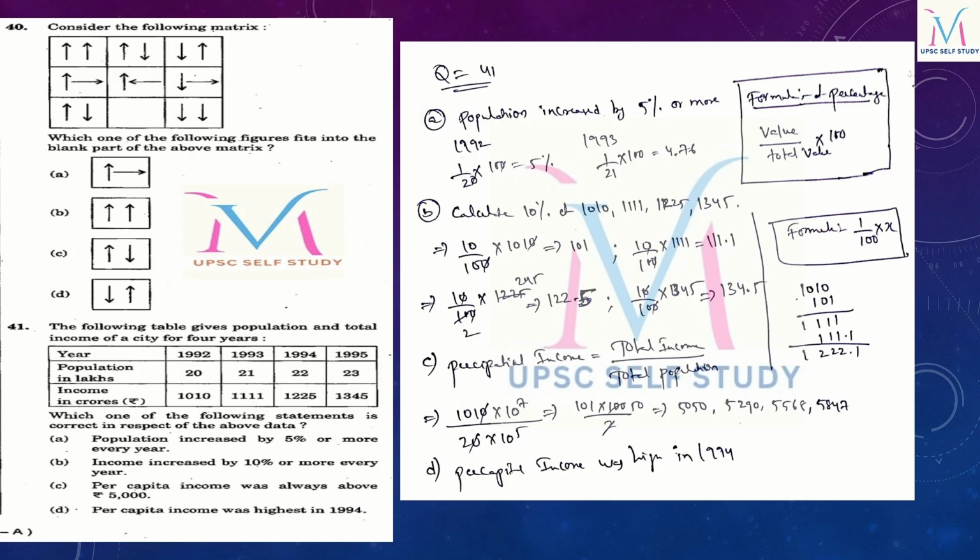Calculate 10% of the income, whether it increased by 10% for 1010, 1111, 1225, 1345. So we have to calculate whether this income is increased 10% or not. For this, the formula will be 1 by 100 into x.